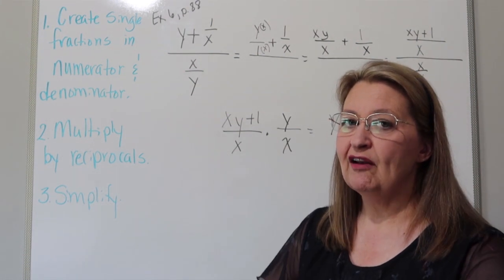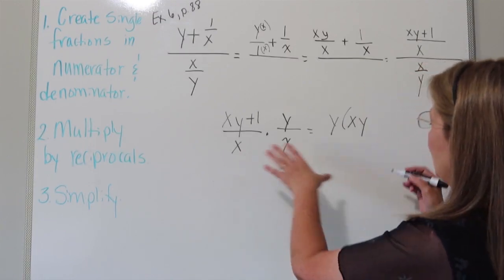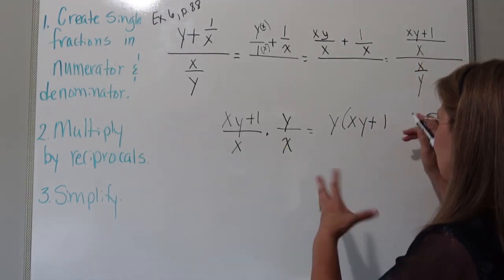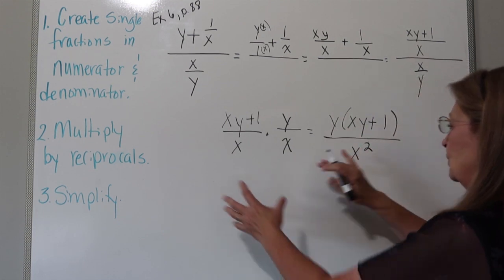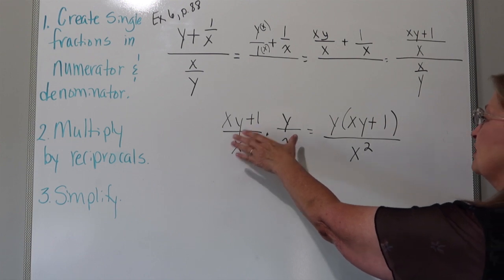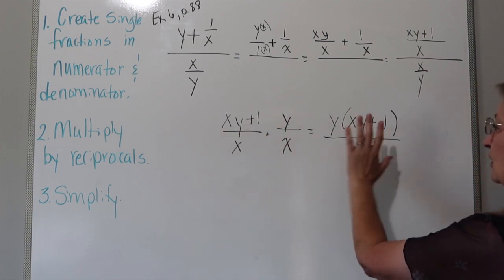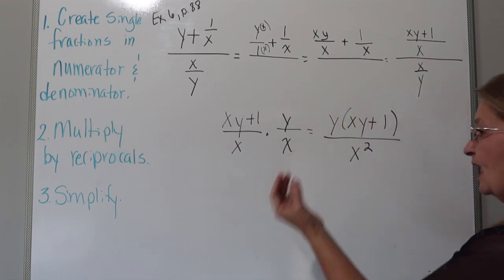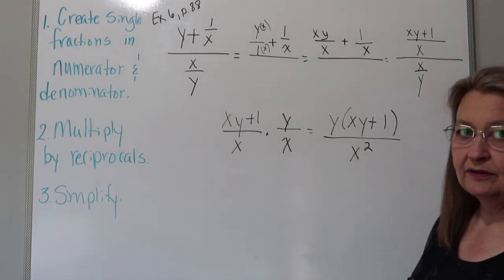So that would mean you've got to factor out everything that you factored in. And there are times when you're going to want to multiply to see if you can factor it a different way. But for this one, we're just going to multiply straight across the top. So I have y times the xy plus 1 here. They're just in different order because you normally put your single term outside the front of the parentheses. And x times x is x squared.